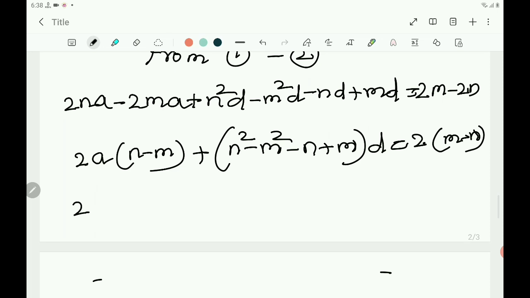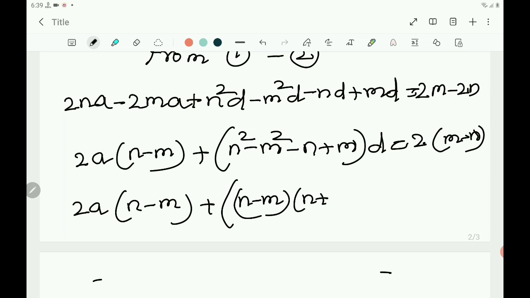Then again let us write 2a into n minus m plus. Now let us write the factor of n square minus m square, that is n minus m into n plus m, and let us write this n plus m in the bracket. Minus is removed as a common outside, minus 1. In the bracket you are getting n minus m into d.